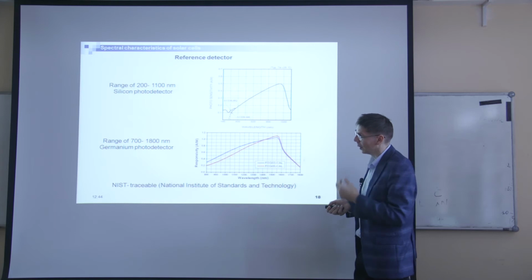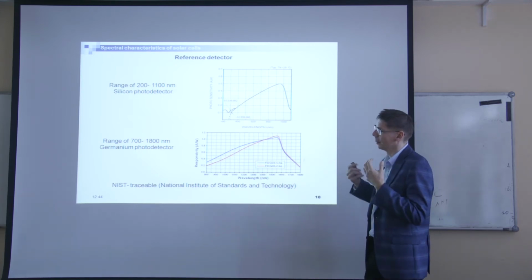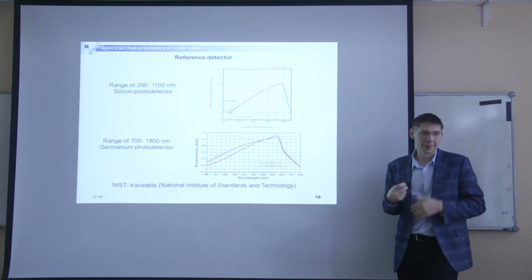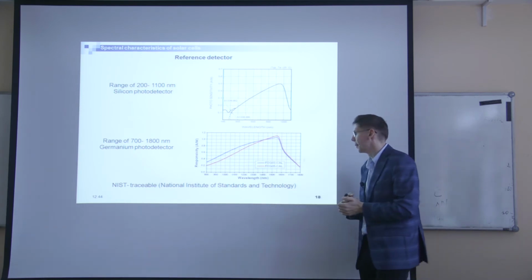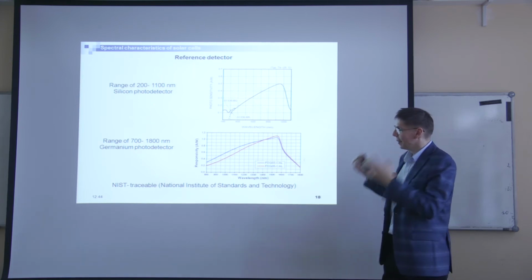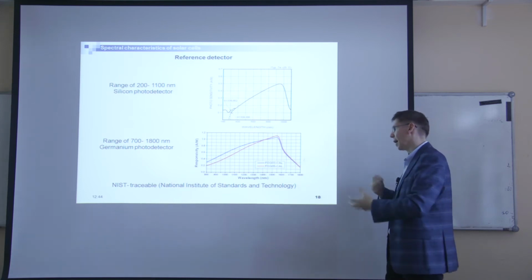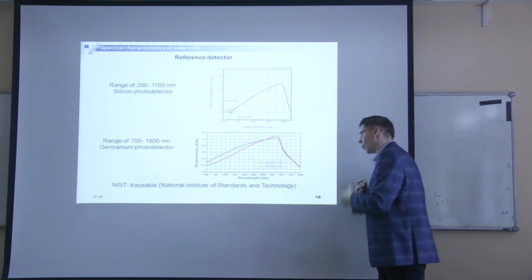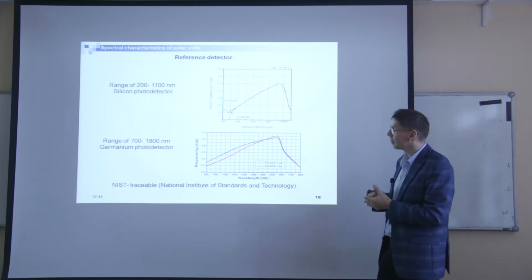So for this case, there is the so-called NIST traceable term for photodetector. NIST is the National Institute of Standards and Technology in the USA, but actually it means that you have a detector with a known response. It's like a reference solar cell, when you know exactly the value of the short circuit current.